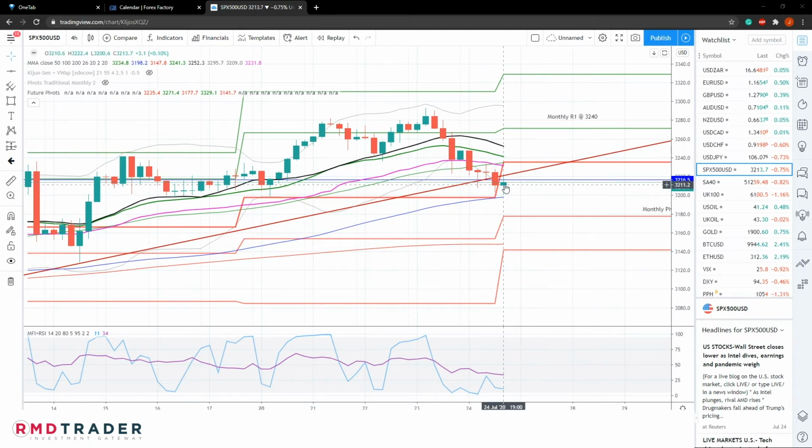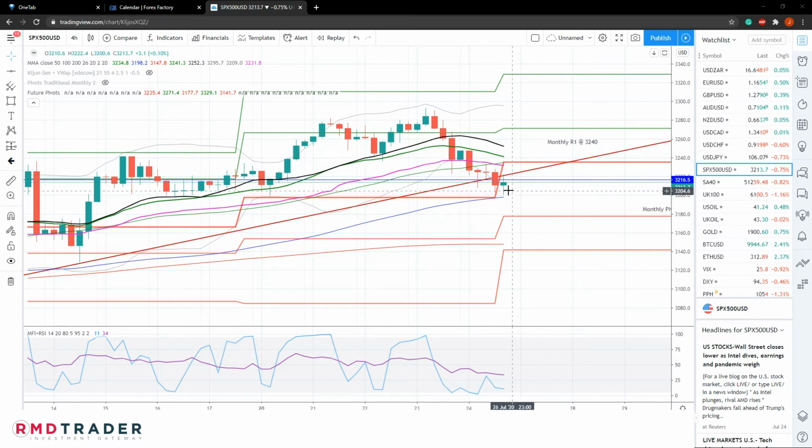So we need to get price above that line to see some further upside targets, and should we get above that diagonal as well as that weekly pivot, we can expect to see our weekly R1 pivot at 3,270 being tested. And of course, if we manage to break that, the next area to be retested would be that 3,350 area. That is our weekly R2 pivot.